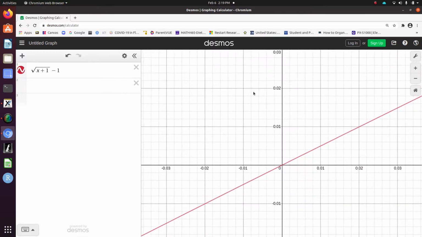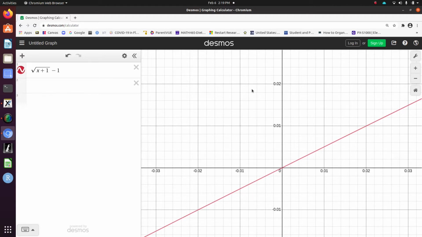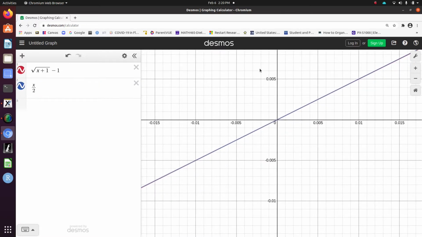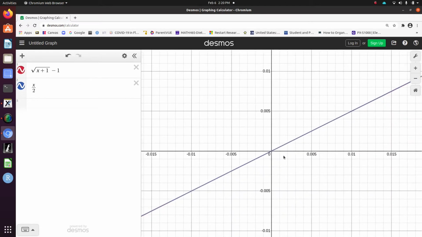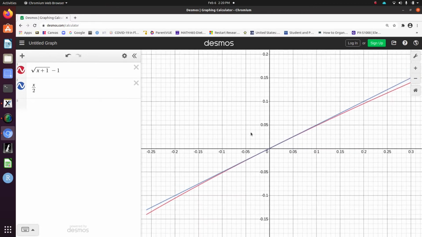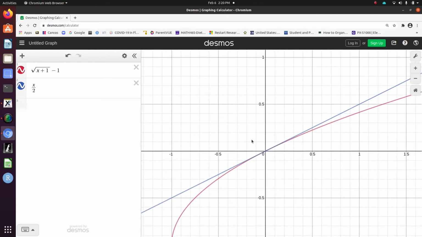Clearly it's not y equals x, but it looks like it might be y equals x over 2, for example. So I can explore that and say that's kind of plausible, and the further I zoom in, the more certain I am that I guessed right. If you guess wrong and you zoom in, then you will find that those are not working for you. That ends up being the correct guess.